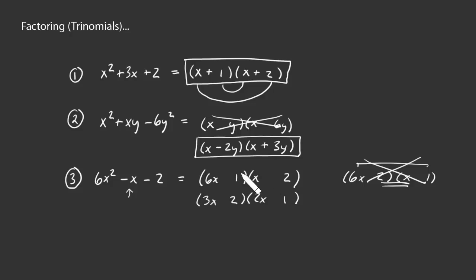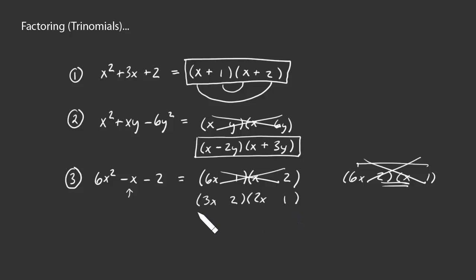Now, looking at these remaining 2 possibilities, look at the inner product and the outer product. Here we have 12x and a single x. Is there a way I can combine those things via addition or subtraction, depending on these signs here, to get a single x that's negative? Again, 1x and 12x? No way. That's out. What about here? 4x and 3x.